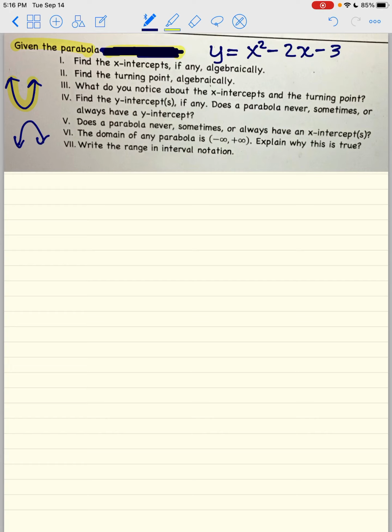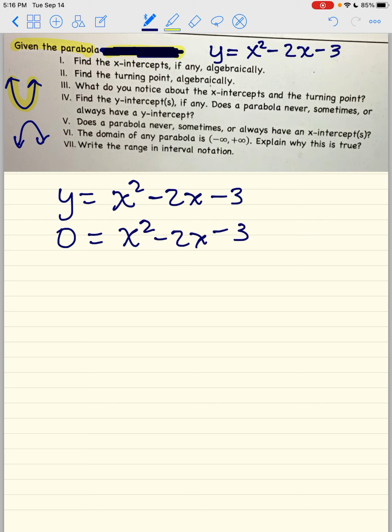Well, we learned in the last video that if we want to find the x-intercept, we just substitute 0 in for y, and then we solve. Anytime we're solving quadratic equations, we're either going to factor or use the quadratic formula. You can also complete the square, but I'm just going to factor in this case.